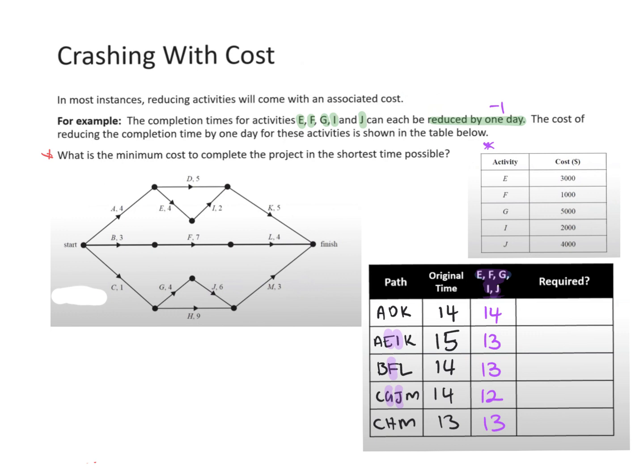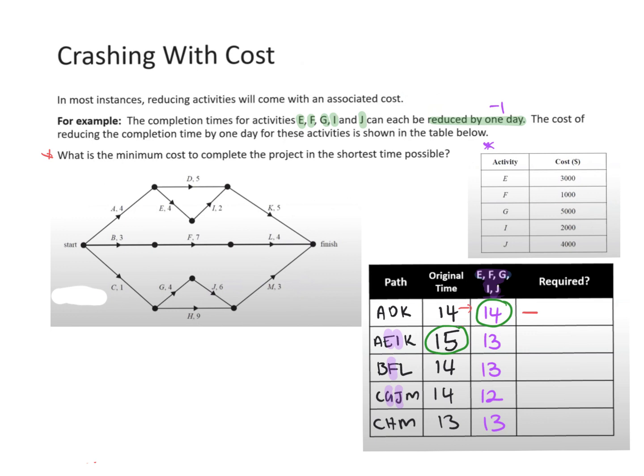The original critical path was 15, but now what's the new critical path? 14. All right, so now let's first look at what we've got to do. So if you look at this first one, to get its original time to the new critical time, this one we don't have to do anything.